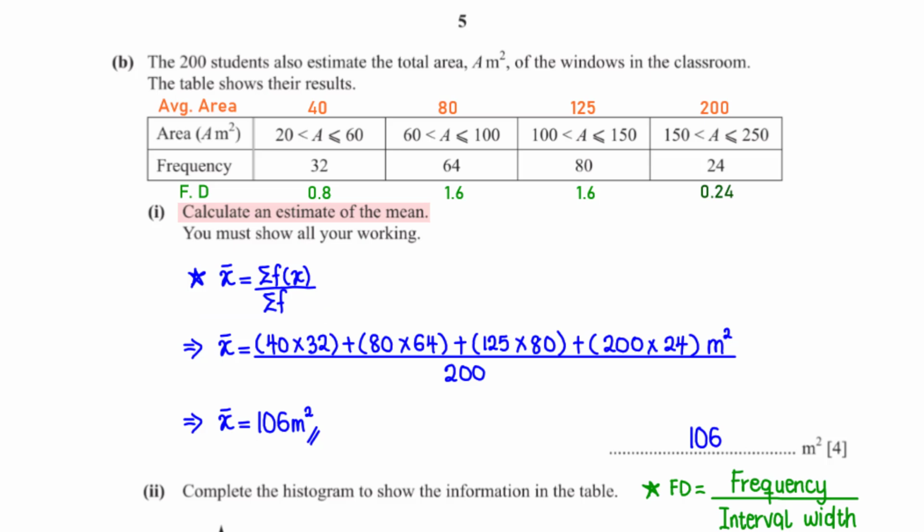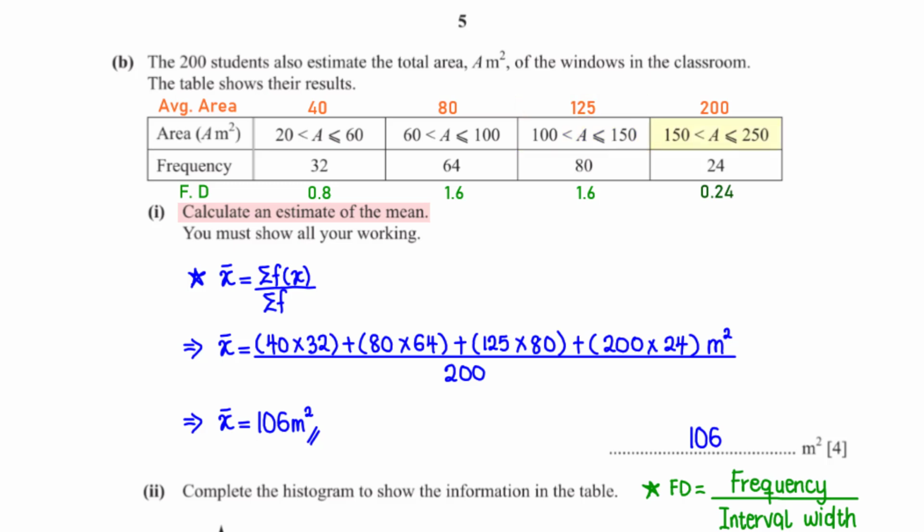To get sigma f of x, we first need to calculate the average area for each of the given area intervals. For the first interval, the average area is 20 plus 60 divided by 2, which is 40. Then we have 60 plus 100 divided by 2, which is 80. 100 plus 150 divided by 2, which is 125.